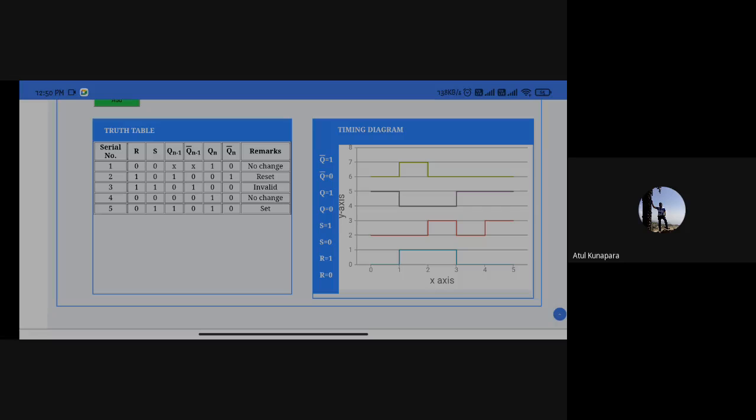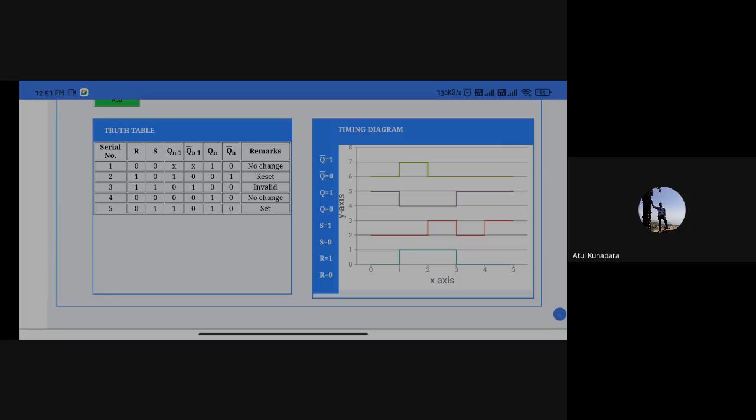Here, if you look at the very first step, your output Q is 0 and Q bar is set to 1. Here the first two inputs R and S are both 0, 0. If you go color wise, you can see the first condition is Q bar, mentioned here on the side also.